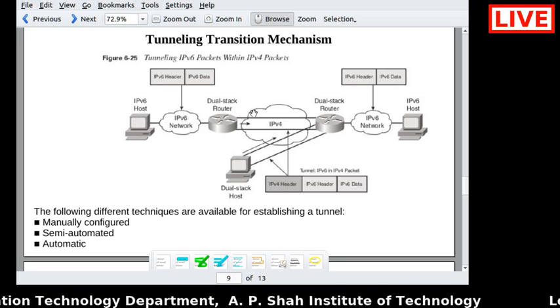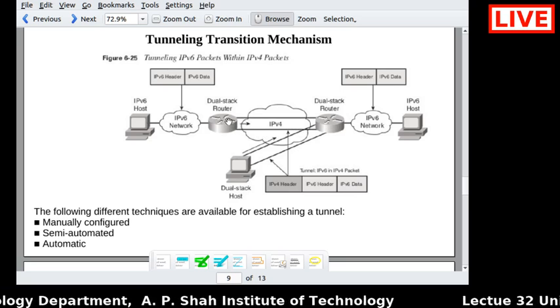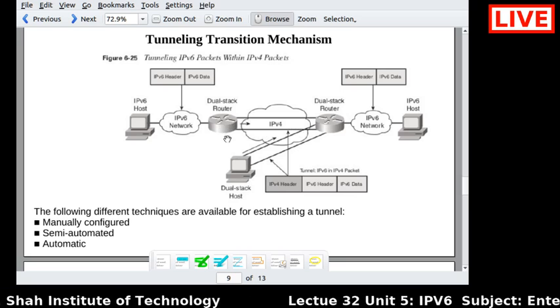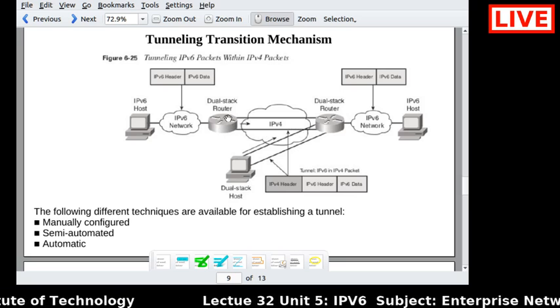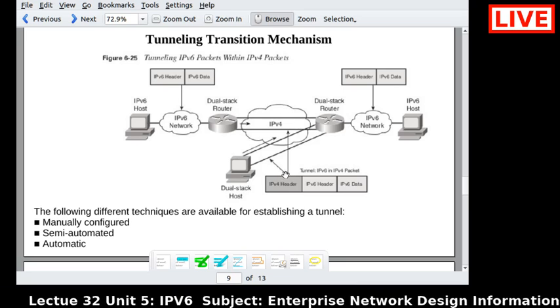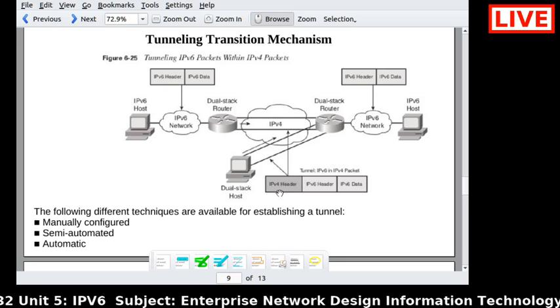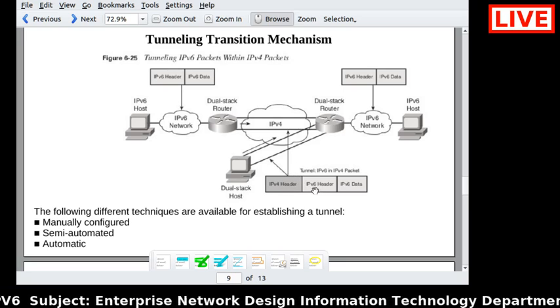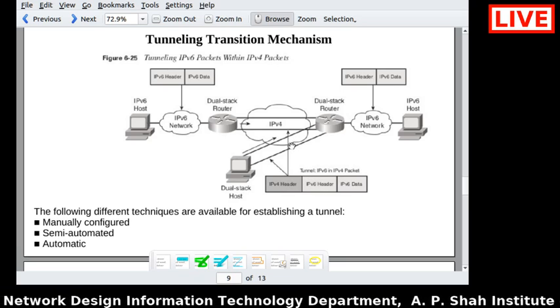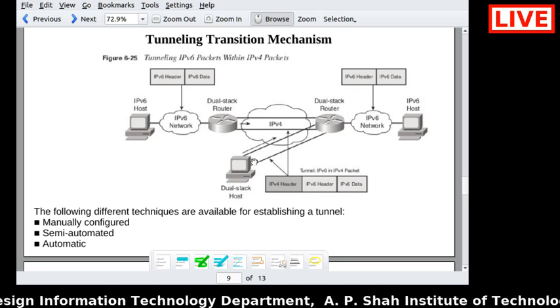And by using tunneling for this dual stack, which is compatible with both IPv6 and IPv4, you can see the IPv4 header is appended to that IPv6 packet, and it will be used by this dual stack host.